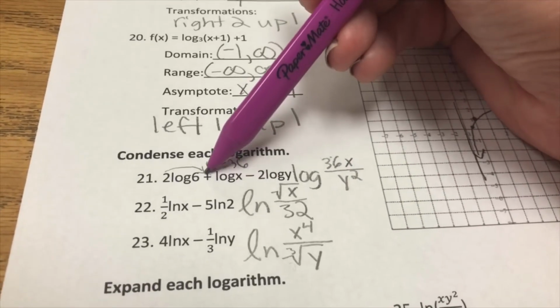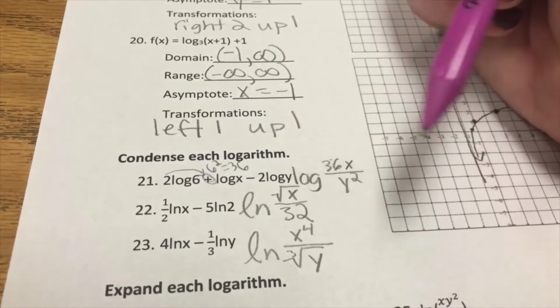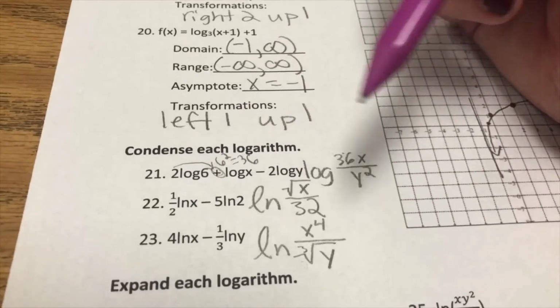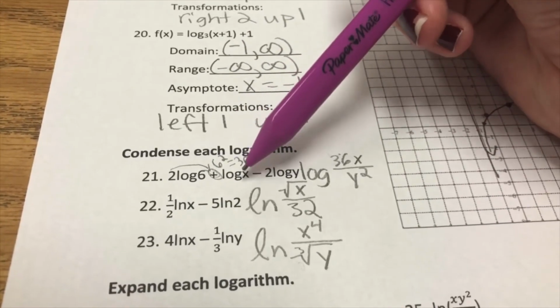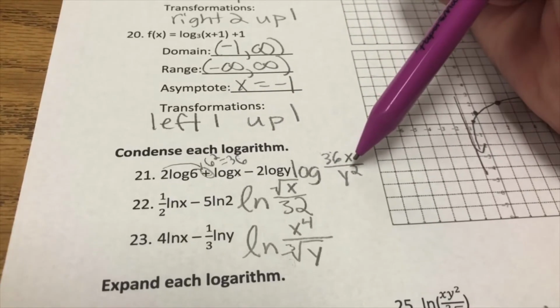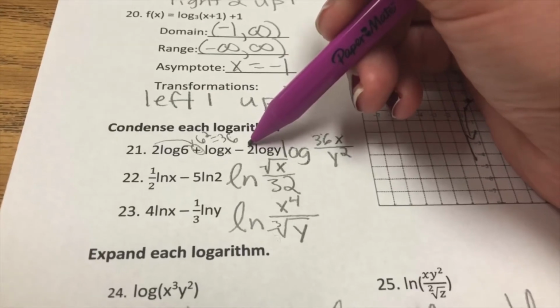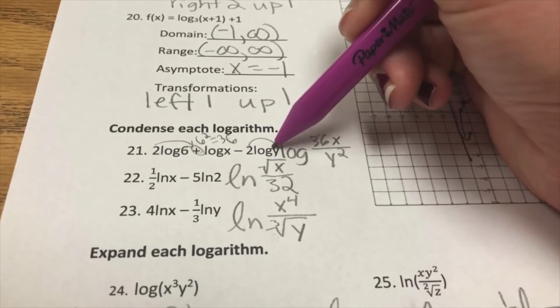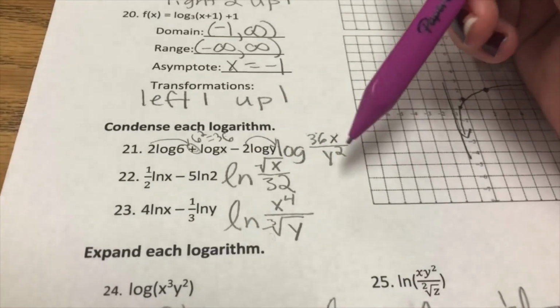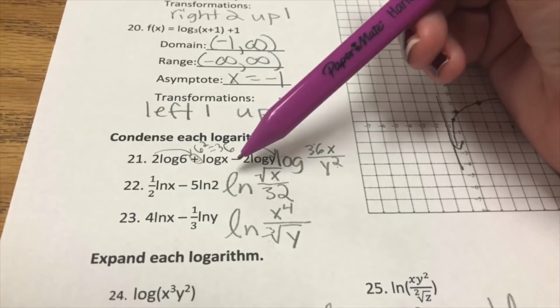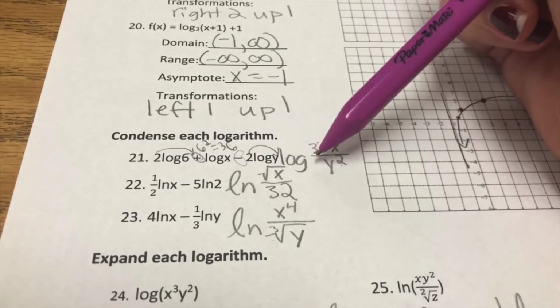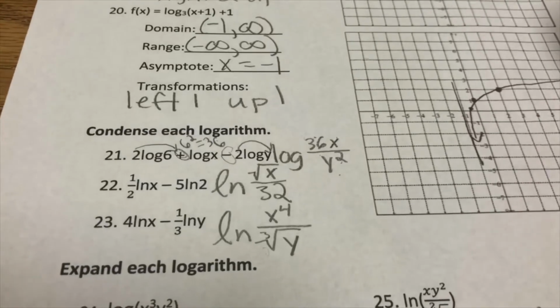Then we have addition. Addition turns into multiplication when we're condensing our logs. So we have that 36 times x, so there's our numerator. Then we have subtraction. We also have another coefficient that becomes an exponent. Subtraction turns into division, and there we get our answer.